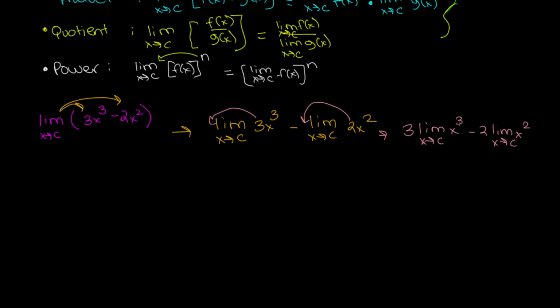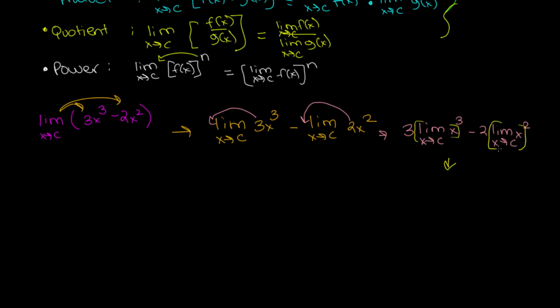And now we can get rid of this power as well. So we'll move it down here. Since we can take the cube of this entire limit over here, instead of the power exponent being on just the x, we can have it on the entire limit.